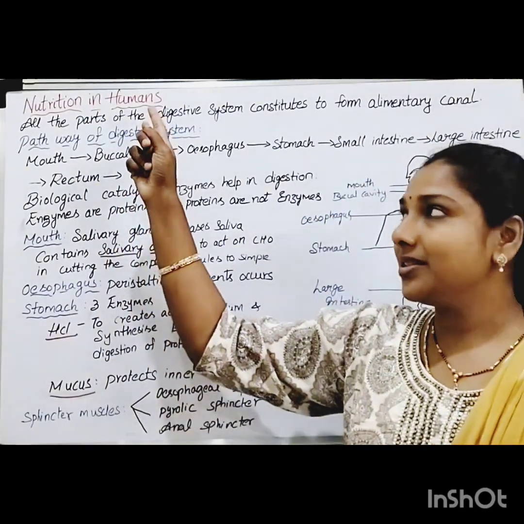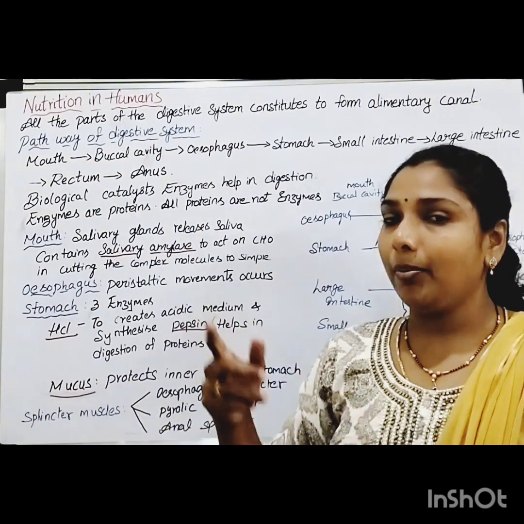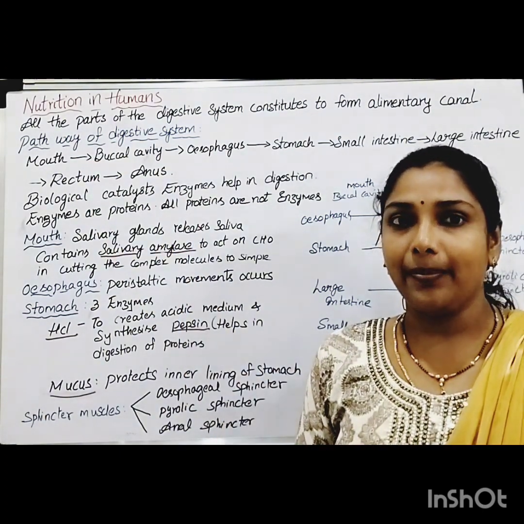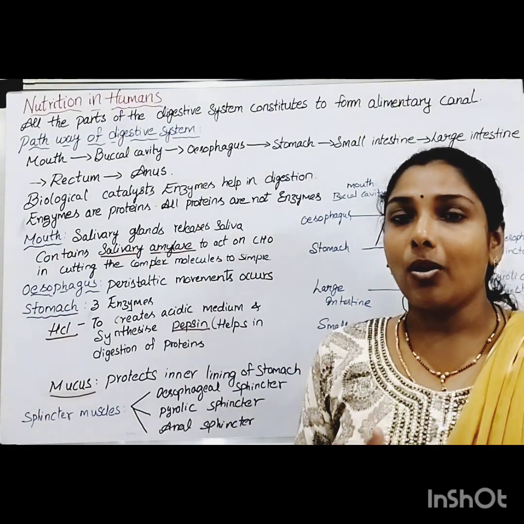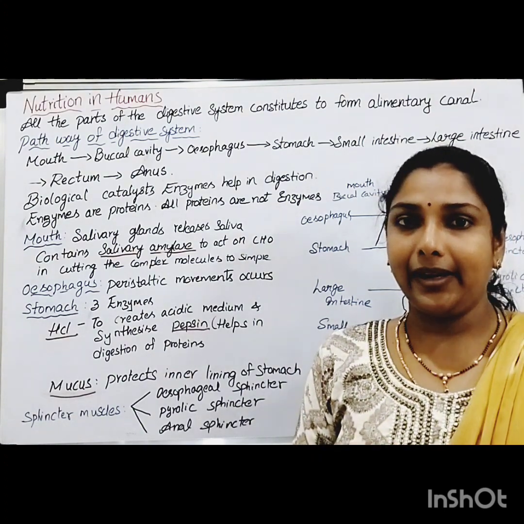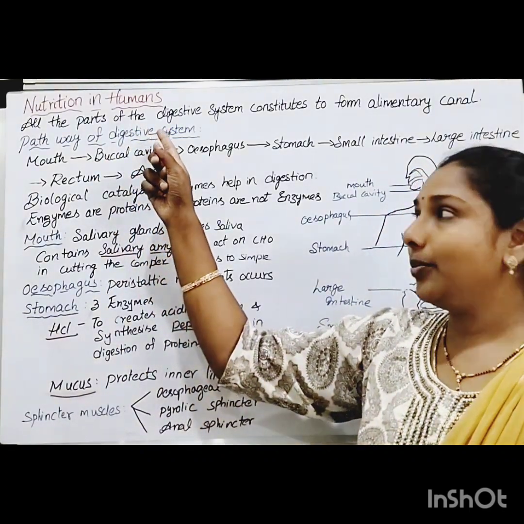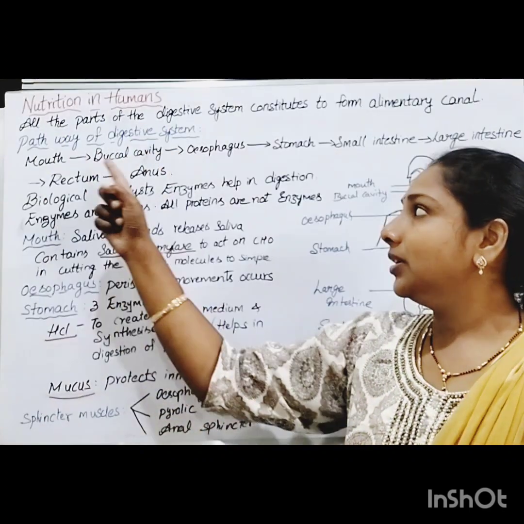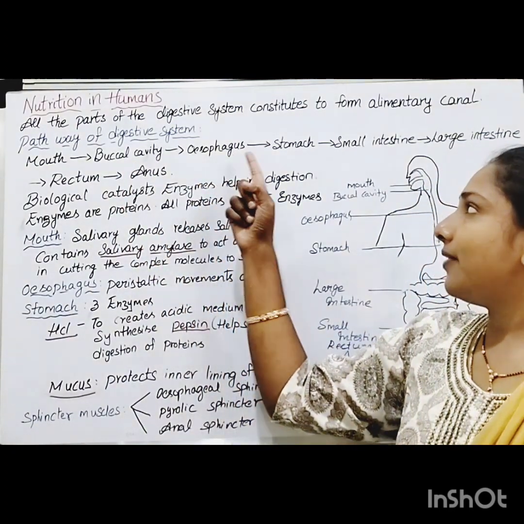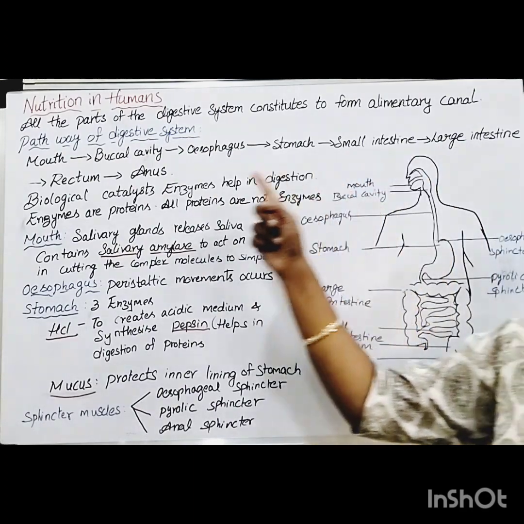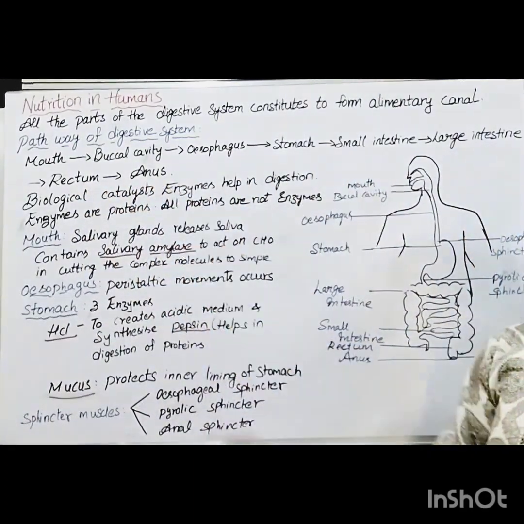Nutrition in humans. We know that different body parts compose a digestive system. This system is also called the alimentary canal. The digestive system in humans constitutes mouth, buccal cavity, esophagus, stomach, small intestine, large intestine, rectum, and finally anus.